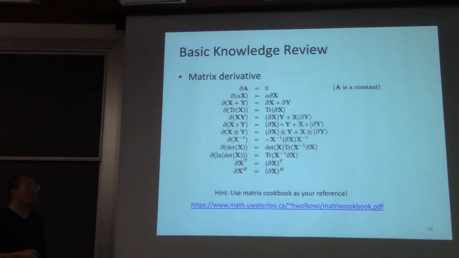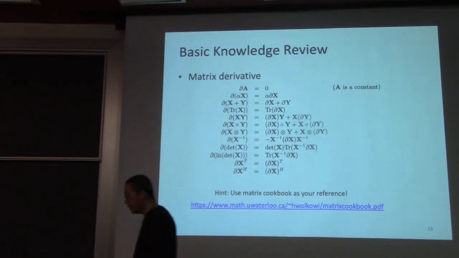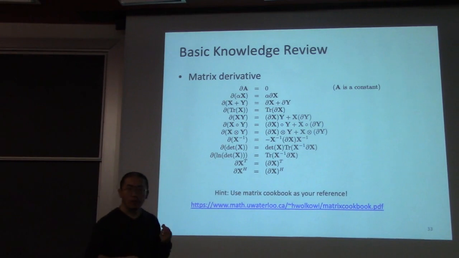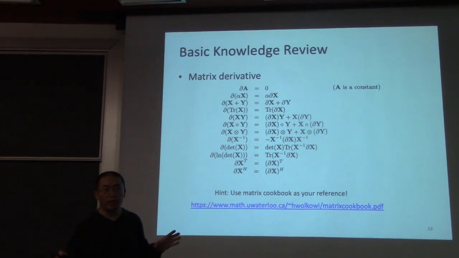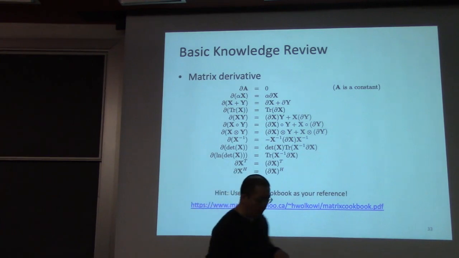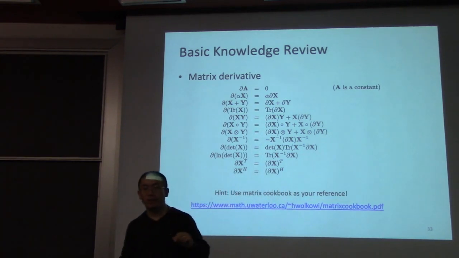And then matrix derivative. If you are familiar with linear algebra, it won't be hard for you to calculate matrix derivatives. Why would we care about matrix derivatives? Because for all machine learning algorithms, when we try to implement them, we need to first write down the objective function. Sometimes it's referred to as loss function or likelihood, whatever.